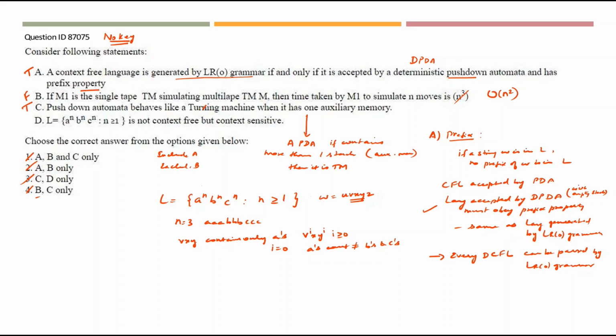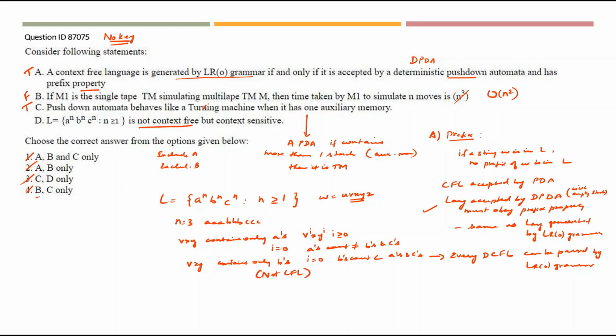So the statement that the language is not context free is true. You can also take another way. If vxy contains only B's, then when i is equal to 0, the B's count will be lesser than the count of A's and C's. So this also is not a part of the language. So not context free is right.